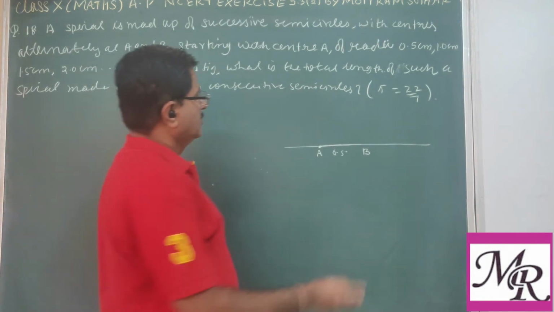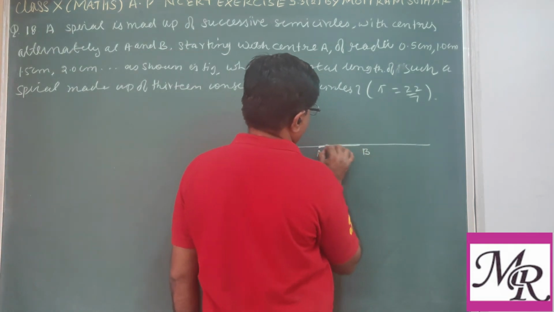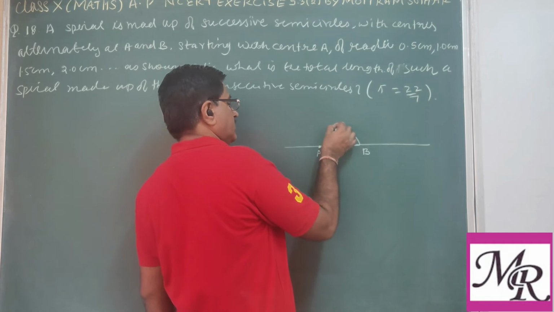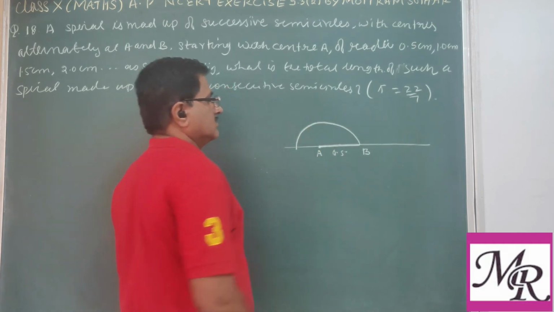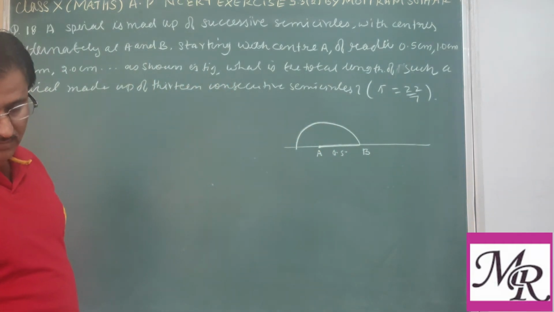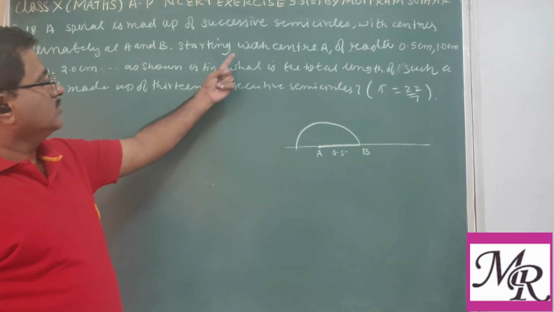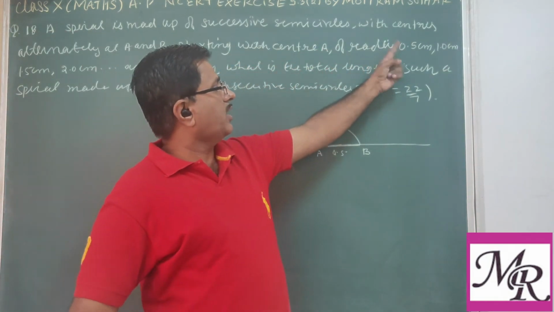A is the center and we draw a semicircle. This is the first one we draw.